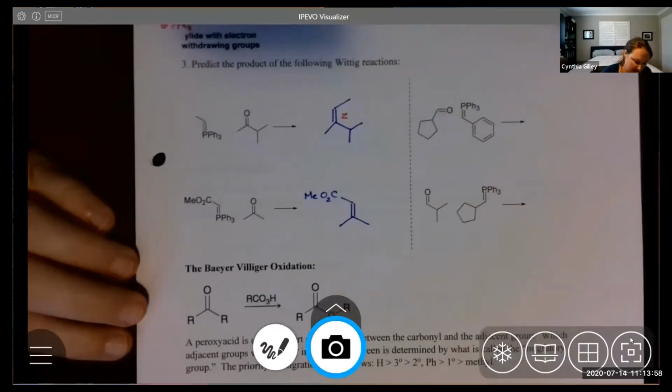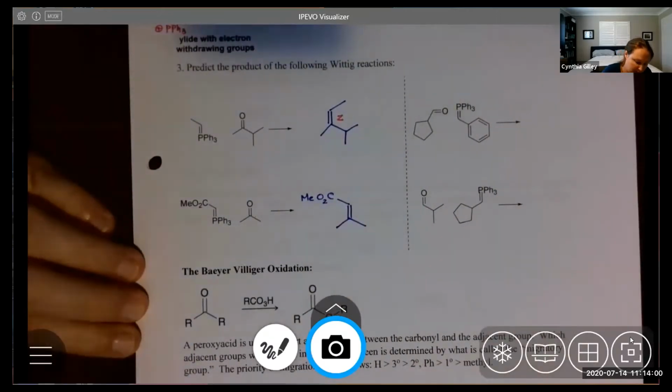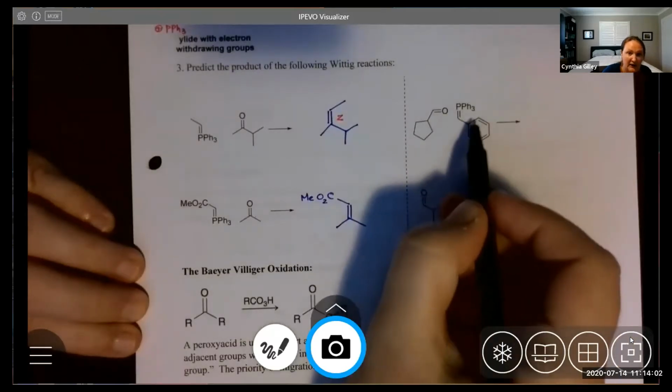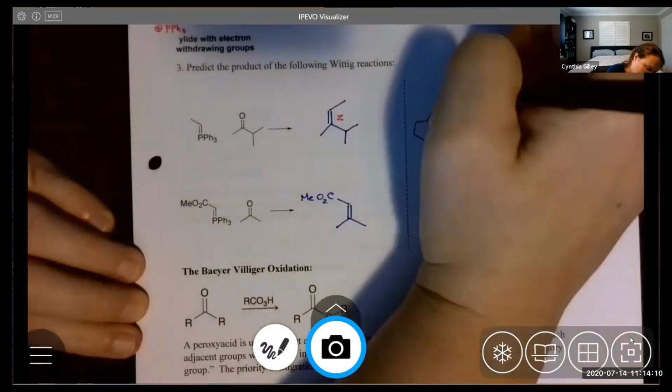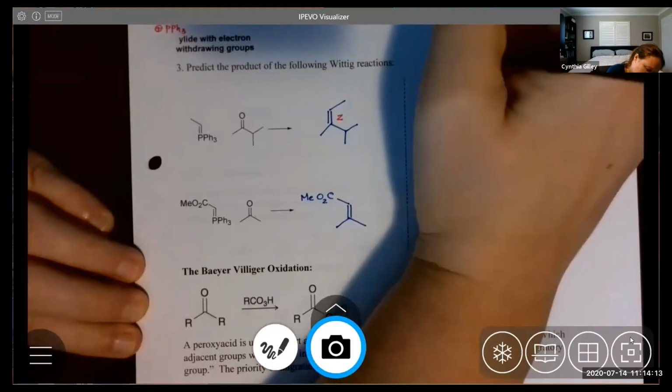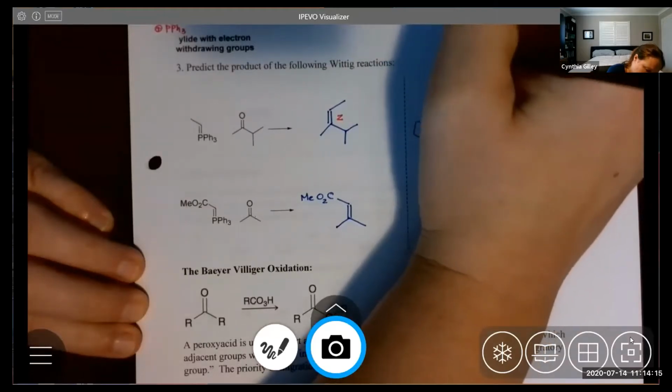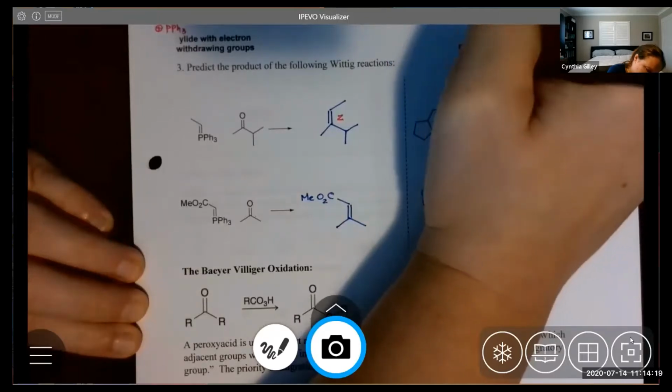Over here, the phenyl group, even though it's not really electron withdrawing, is considered to be a stabilized ylide. And that's because the lone pair is resonance stabilized through the ring.